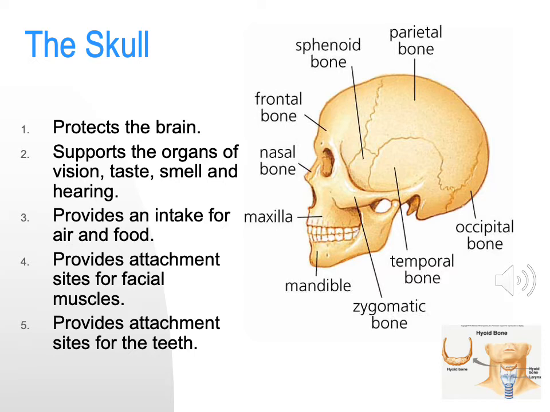Another bone to mention, just illustrated in the small diagram on the bottom right, within the skull really, is the hyoid bone. Hyoid bone being a bone that helps support the tongue in its position inside the cranium.